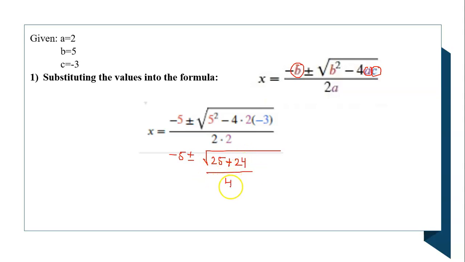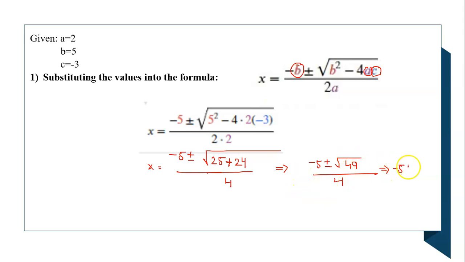Divided by 4. And we'll get, on solving, minus 5 plus and minus under root 25 plus 24 gives 49, by 4. So under root 49 is 7.